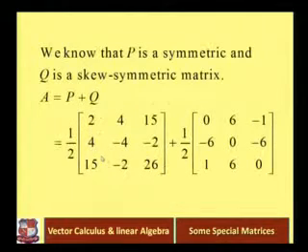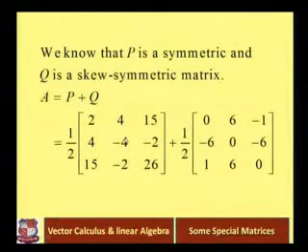Now write it in the form A is equal to P plus Q. The resultant is A is equal to 1/2 [2, 4, 15; 4, minus 4, minus 2; 15, minus 2, 26] plus half of [0, 6, minus 1; minus 6, 0, minus 6; 1, 6, 0]. So matrix A is equal to the sum of two matrices, P plus Q, where P is symmetric and Q is skew-symmetric.